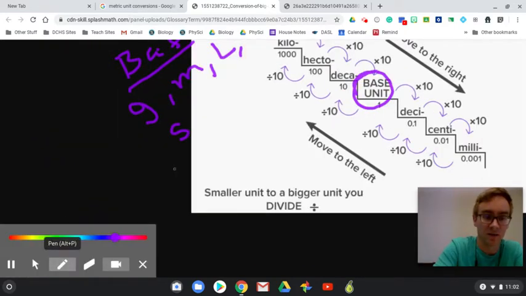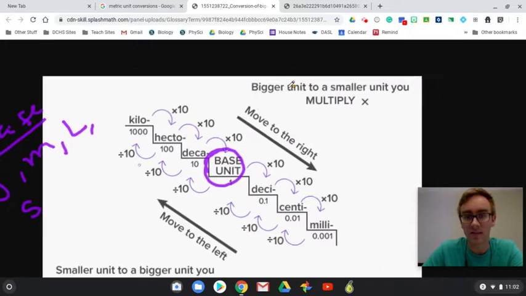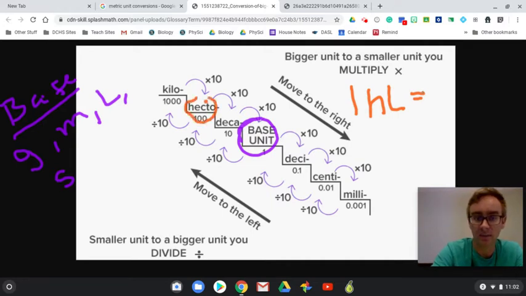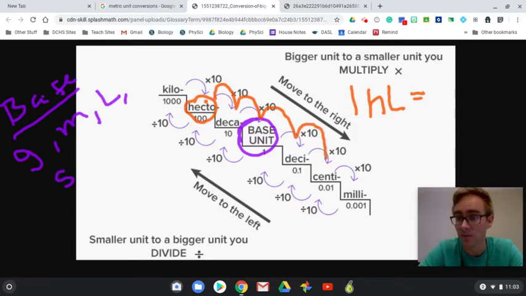All right. So I'm just going to change my color here. Let's say I have 1 hectoliter, and I want to know how many centiliters that is. I'm going to start where I am, at hectoliter, and jump until I get to centi. That's 1, 2, 3, 4 jumps to the right, which means 1 is actually 1.0, right?